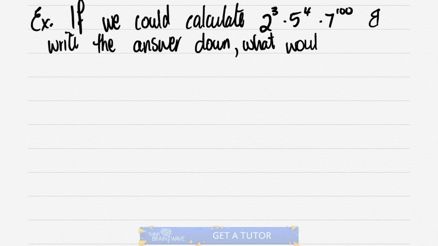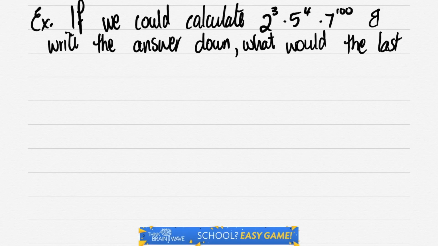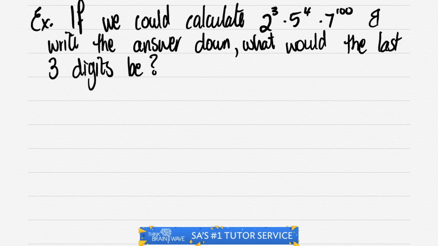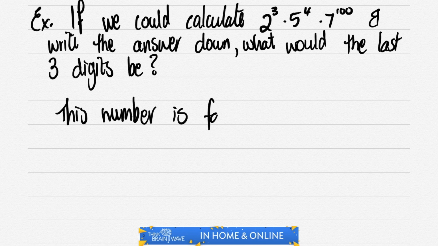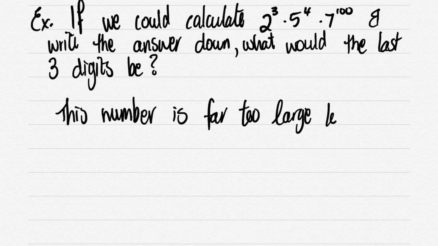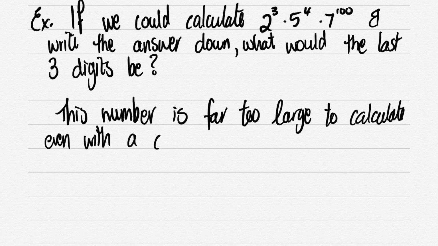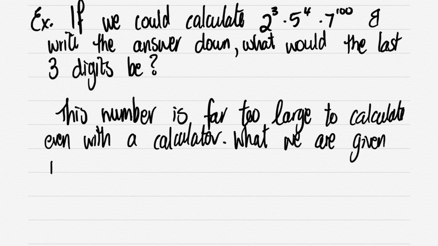So, what would we do with a question like this? Clearly 7 to the power of 100 is an insanely large number. I mean, 7 times 7 is already 49. I'd only take a guess at 49 times 7 being something like 50 times 7, that'd be like 350, minus like 7.